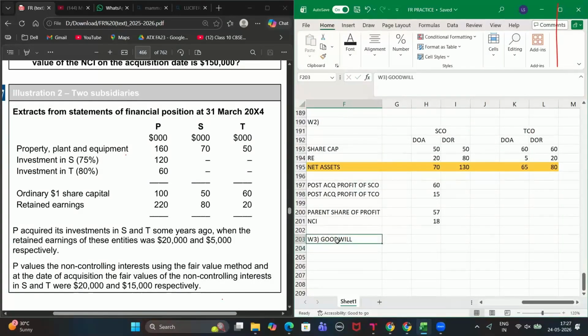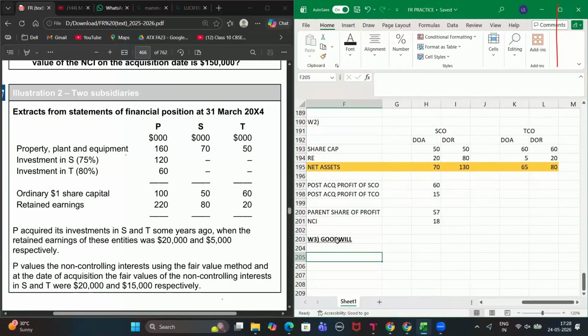Okay. What is the goodwill here? How do we find goodwill? Do we only have one goodwill here? We have two companies, so there will be two goodwills, right? Goodwill of S company and goodwill of T company.